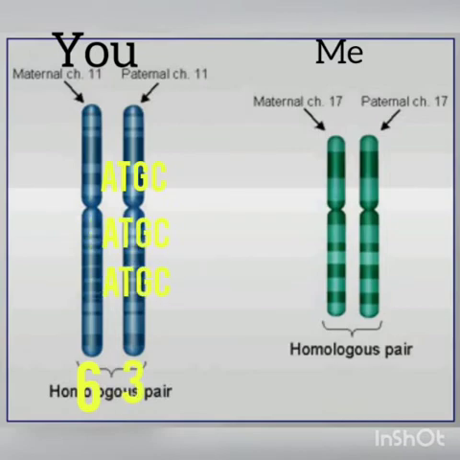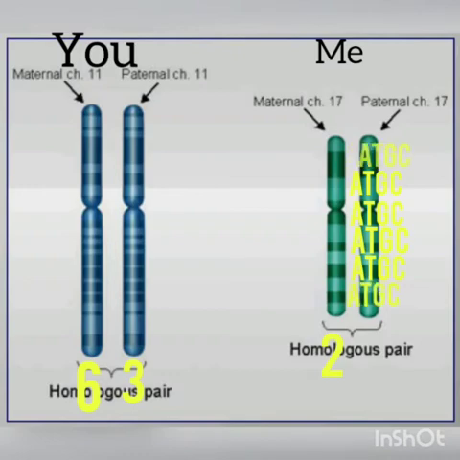Similarly, for my chromosome, the first chromosome of the pair will have ATGC repeated 2 times, and the second chromosome of the pair will have ATGC repeated 7 times.